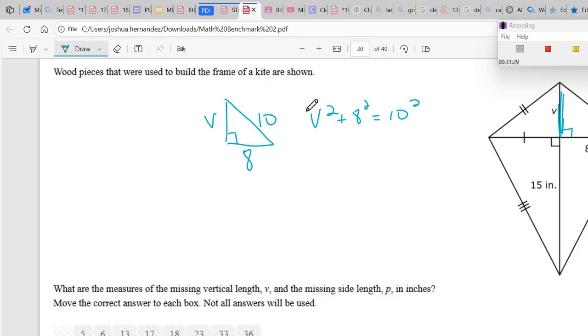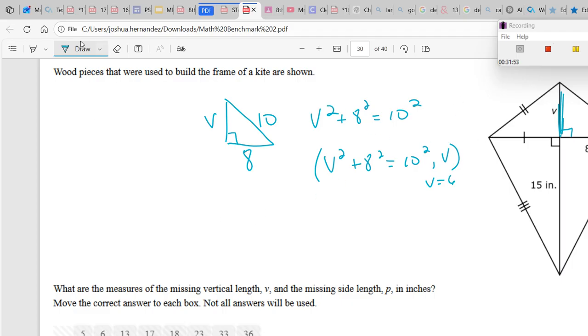That's a classic 3, 4, 5, right? So B is 6. You see that B is equal to 6. It's a 3, 4, 5: 3 times 2, 4 times 2, 5 times 2.